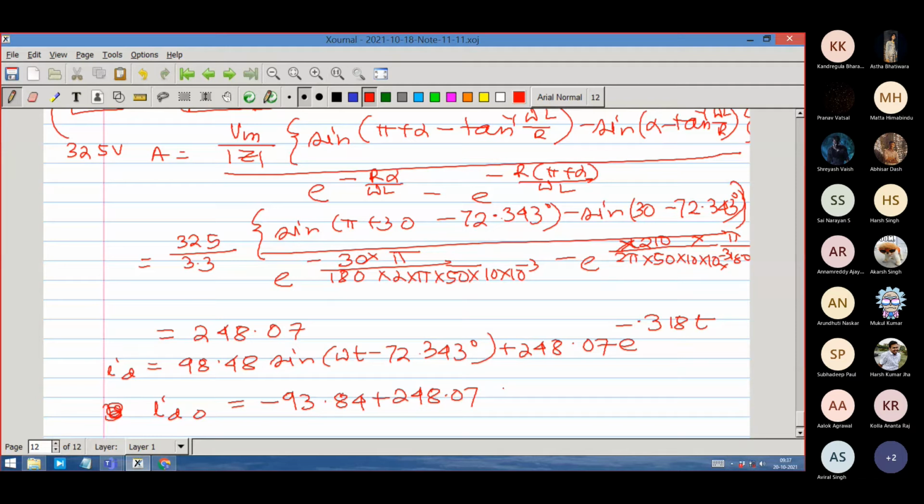Did I make a mistake here? I am getting 154.229. Did I put it wrongly? Oh, this into t is equal to that one. So calculate it.